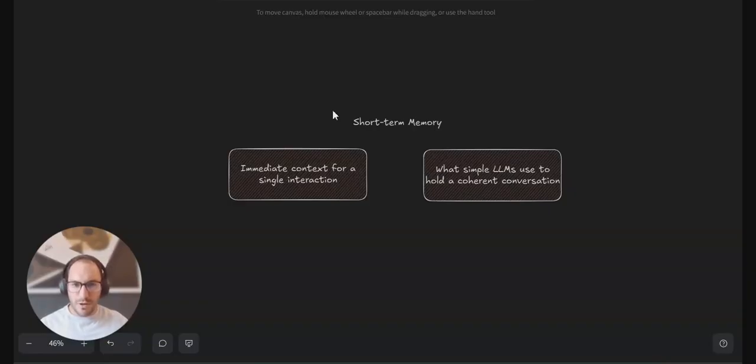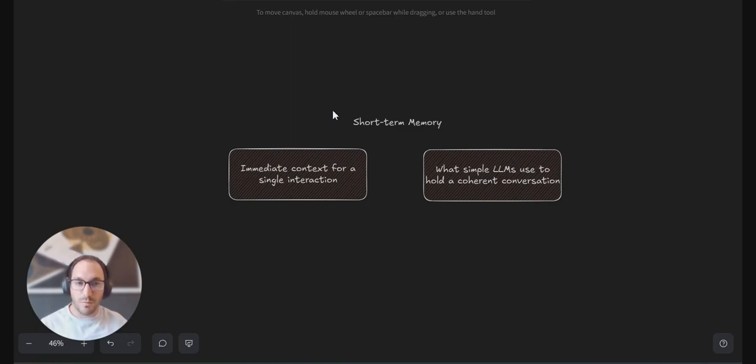To understand this phenomenon, you need to understand memory, context windows, and short and long-term memory. Short-term memory is the memory that's used to make it seem like the large language model understands what you're saying.